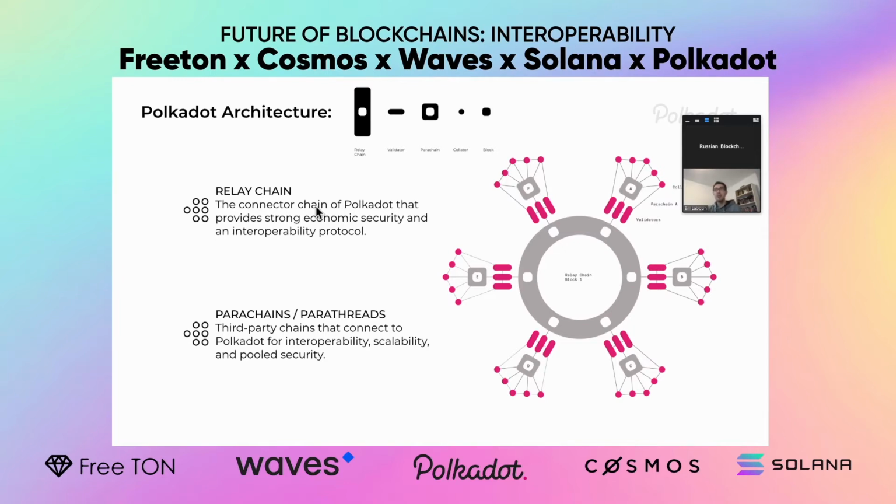If you're familiar with ETH2, this is very similar to the beacon chain, and parallel chains or parachains that connect to the relay chain and share security with it. So we can have these individual blockchains that have their own rules, and some of these blockchains may, what we call, bridge out to external blockchains like Bitcoin and Ethereum, and also communicate and interact with each other.